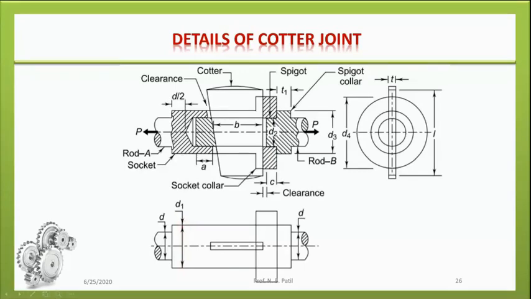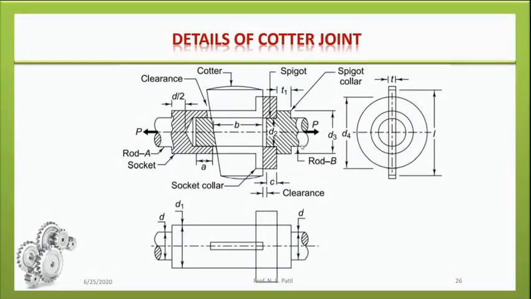So in front view, this is D, this one is D1, then this one is D2, then this one is D3, and this one is D4. So it's in a sequence.